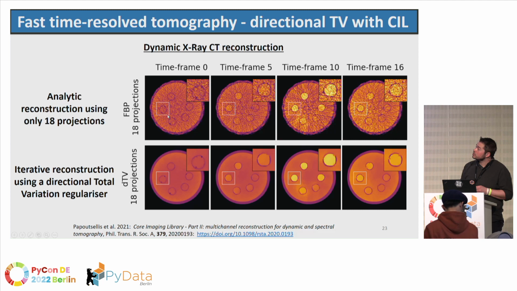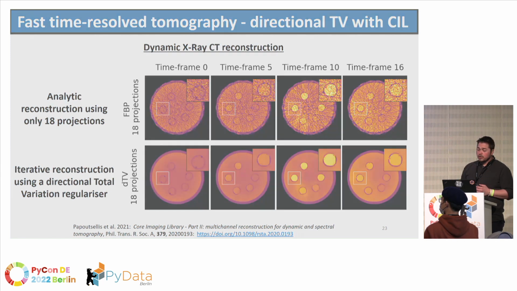If we use the normal reconstruction method, we get lots of streaks and lots of noise, and we can't really see the features we're looking for. We put together a new regularizer in SIL, which we call the directional total variation regularizer. From the same data set, we're able to get these reconstructions, where we see the features a lot better. This regularization uses edge structures and propagates them across the channels. So it's an example of how we use more information than is just in one image, and this you can't do with the conventional method.